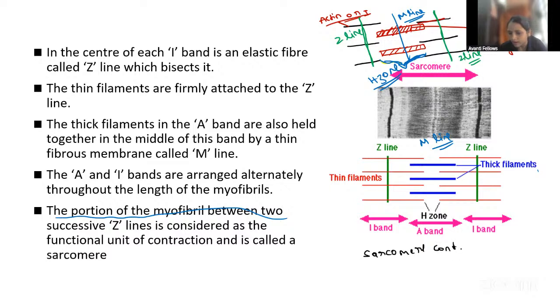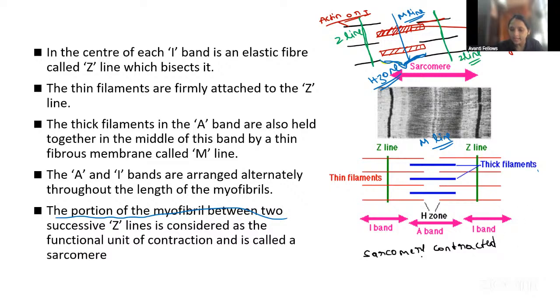Sarcomere contracted. Contracted means you can see the length between the two Z lines is decreasing or increasing, guys? Now you have to tell me. Decreasing. Very good, Neeli Shruti.